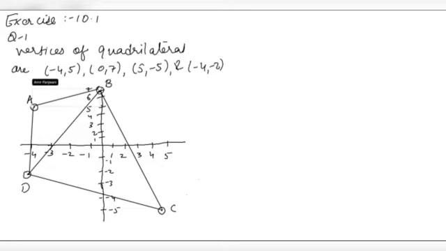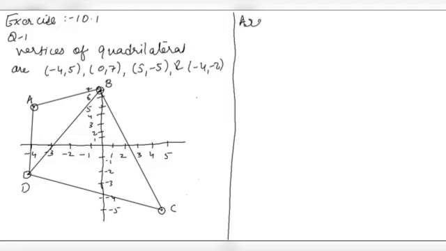So the area of this quadrilateral will be the area of triangle ABD plus the area of triangle BCD, and finding the area of a triangle is by applying that formula, half x1 (y2 minus y3), right?